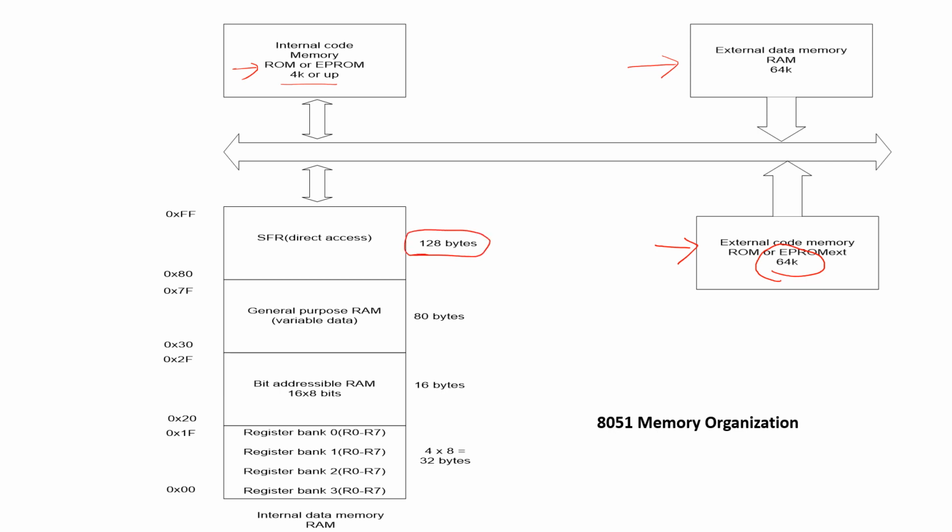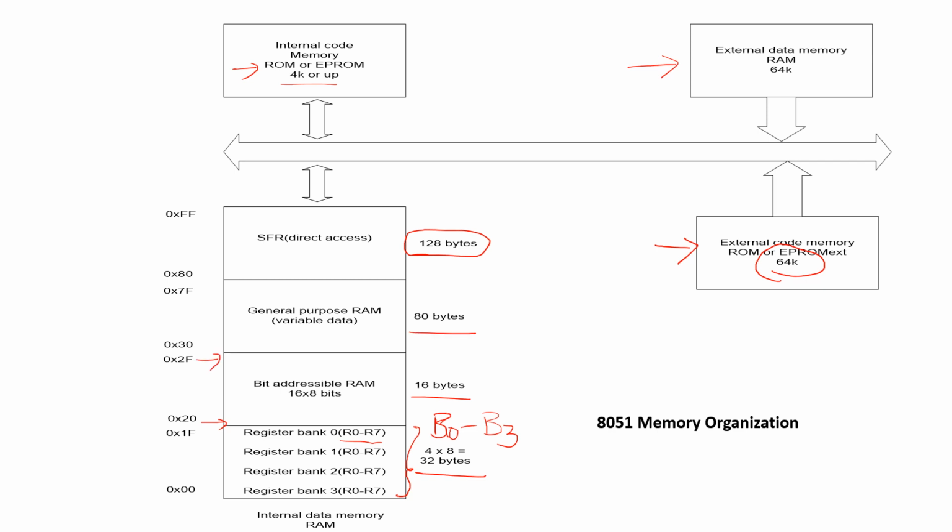internal RAM, where we have a dedicated 32 bytes for 4 register banks, register bank 0 to bank 3, and each bank has the registers R0 to R7. Next, we have 16 bytes of bit addressable RAM memory locations starting from address 20 to 2F.